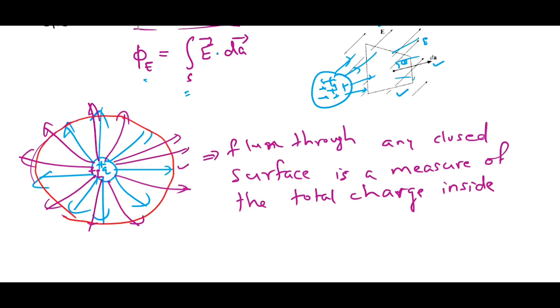If I keep more charges inside, the number of field lines, that is nothing but the flux coming through this surface, will increase. Flux is nothing but the measure of the charge inside the surface. The charge outside the surface will contribute nothing to the total flux.